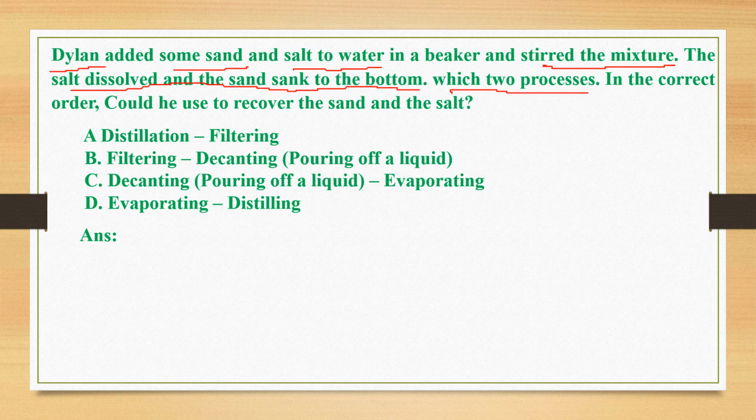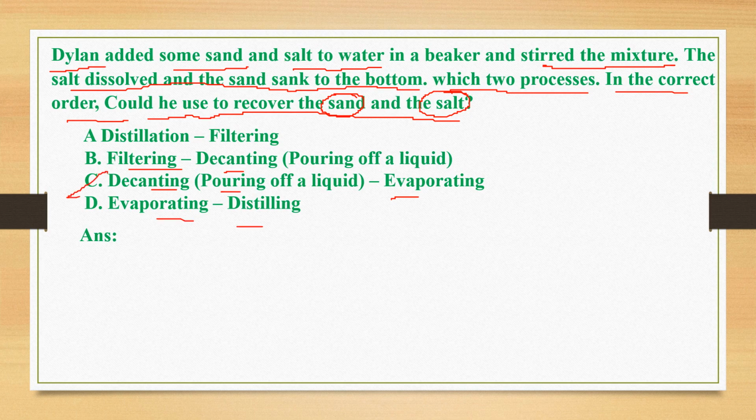Which two processes, in the correct order, could he use to recover the sand and salt? How are you going to separate them? Mainly one is sand and one is salt. Options are distillation, filtration, decantation, and evaporation.